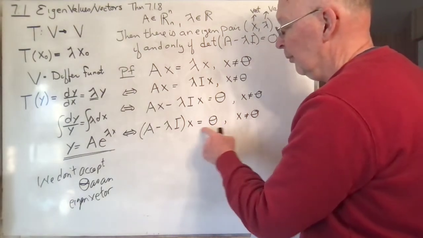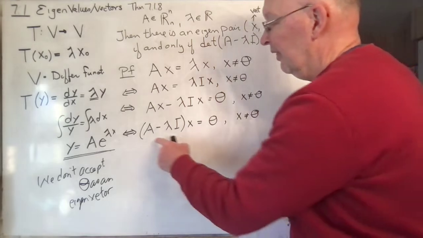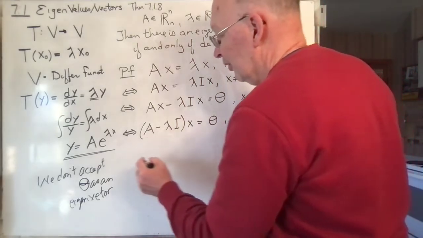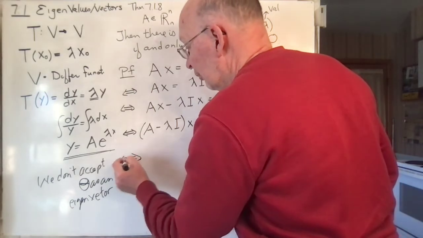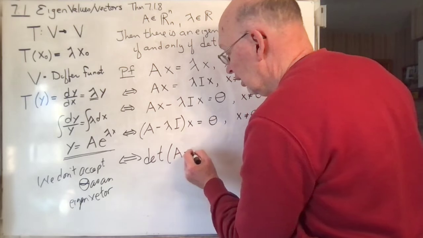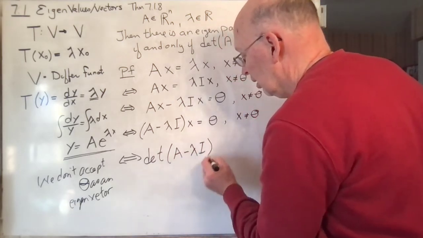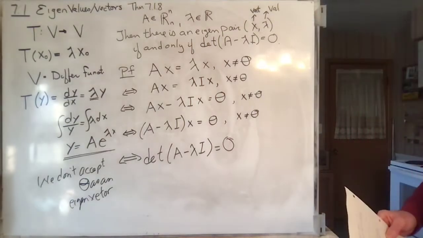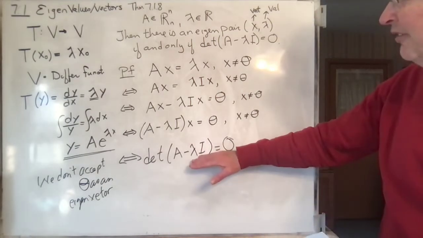And if it is sending more than one thing to the zero vector, then we know that the determinant of this thing has to be 0. So there is where we made use of that previous theorem.